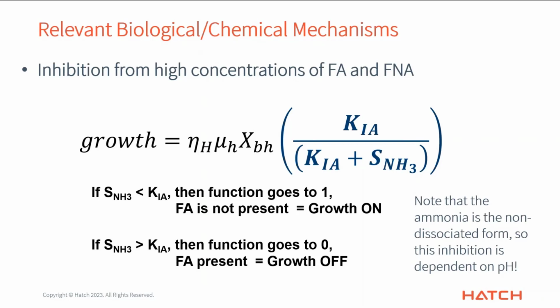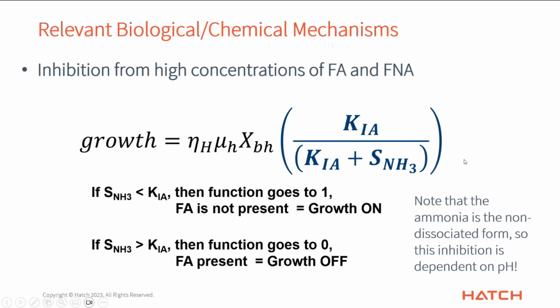So basically we are now turning off the growth in the presence of something, rather than the absence of something. These terms are designed to say that when we have a large concentration of non-dissociated ammonia and nitrous acid, then that's going to cause an issue, and this is how we implement it in our model.